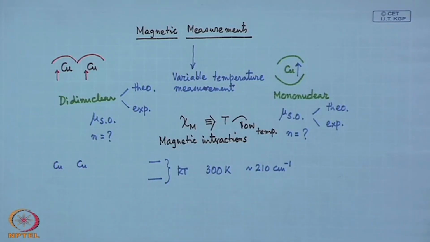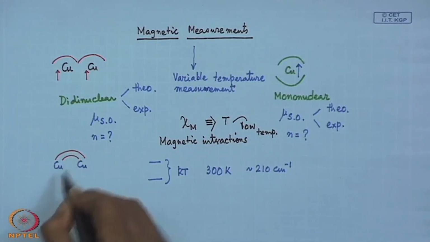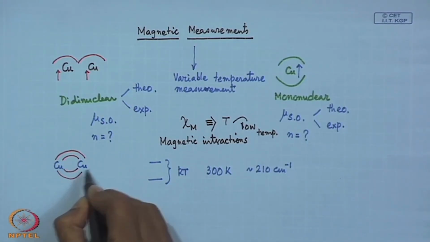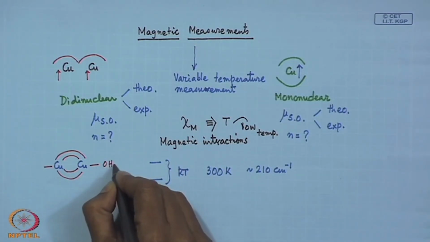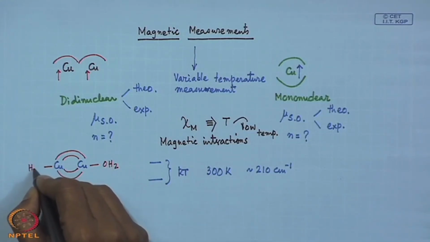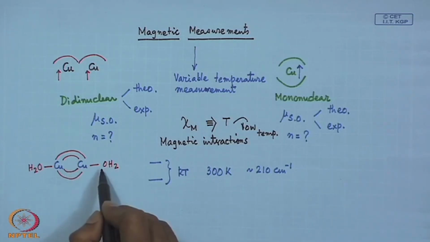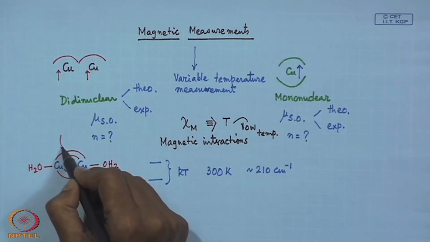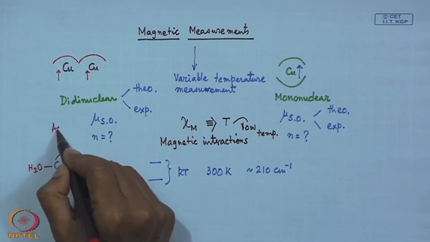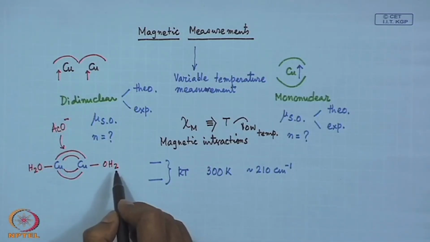What we can have in any chemistry laboratory is the corresponding copper acetate salt, where 4 acetates are there along with 2 water molecules, which are binding towards this copper center in a square pyramidal environment. So, the square base is formed from these acetate bridges. So, these are the corresponding acetate bridges, and these are the 2 water molecules.